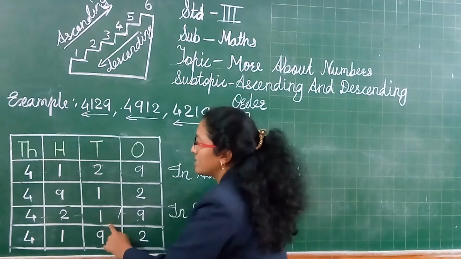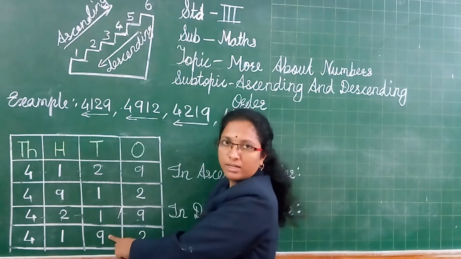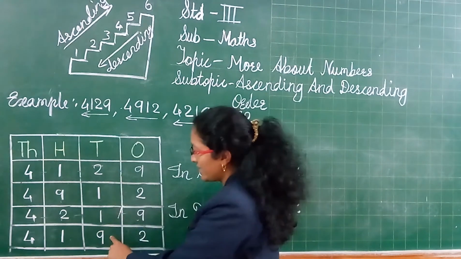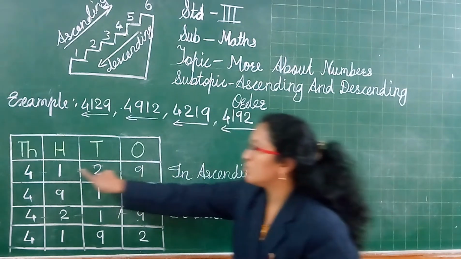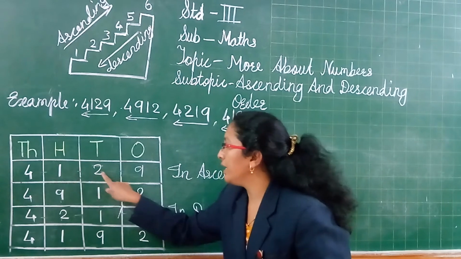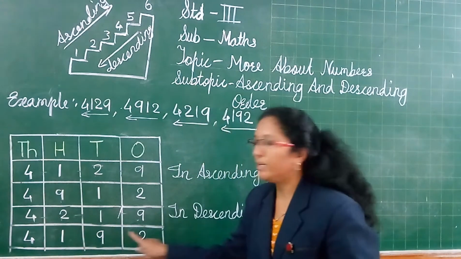Okay. Next place, that is the tens place. Here is 20 and here is 90. So which one is smallest? 20 is smaller than 90. So that means this whole number is smaller than this number. 4,129 is smaller than 4,192.